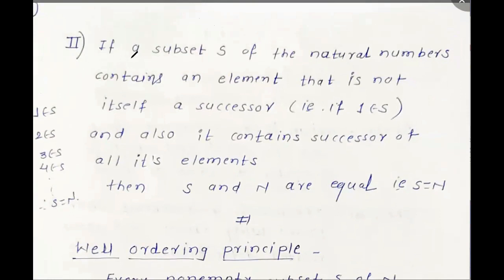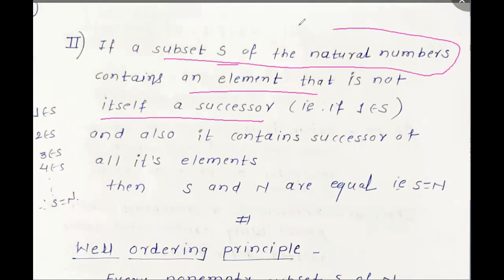The second axiom is: if a subset S of the set of natural numbers contains an element that is not itself a successor, so S is a subset of the set of natural numbers and it contains an element which is not itself a successor, that means 1 is not a successor of any number, so 1 belongs to S.